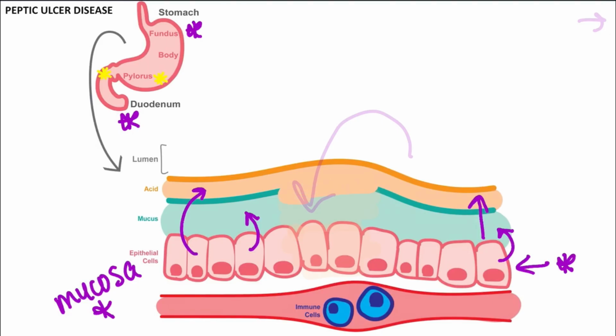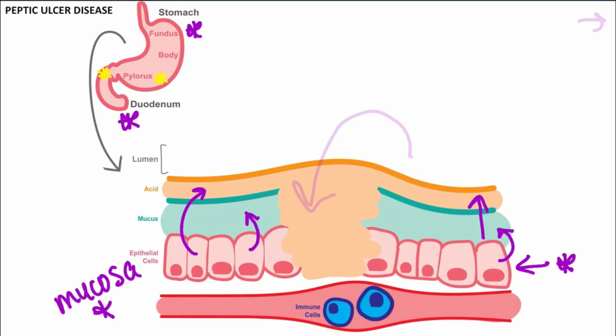However, if these protective factors are compromised, then peptic ulcer disease results, where this is also an acid-related injury, just like with GERD, but now it involves ulceration of the mucosa, typically going all the way through to the last layer of the mucosa. And as I've alluded to, this can occur in either the stomach or the very proximal part of the duodenum of the small intestine.